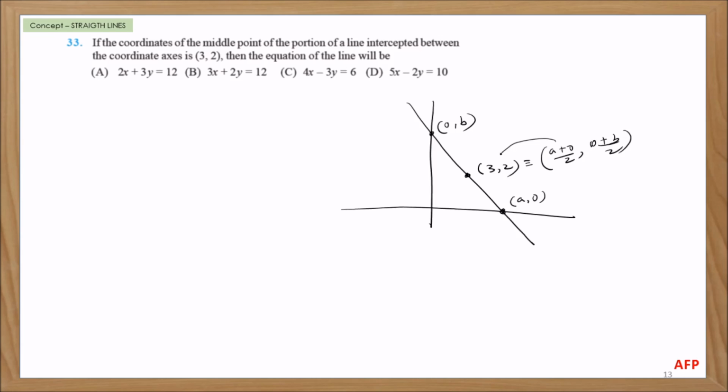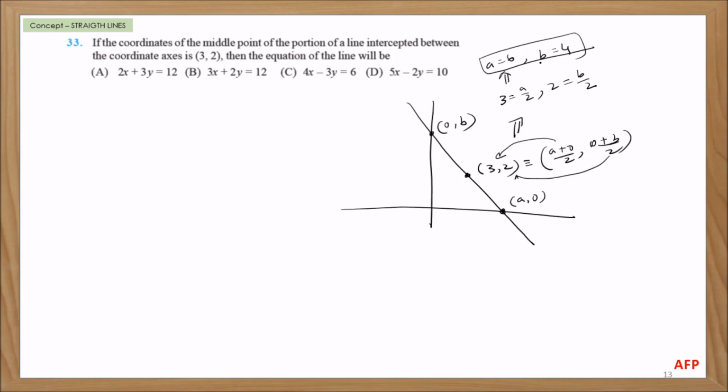First is equal to first, this implies 3 is equal to a by 2, and second is equal to second, so 2 is equal to b by 2. This implies a is equal to 6 and b is equal to 4.